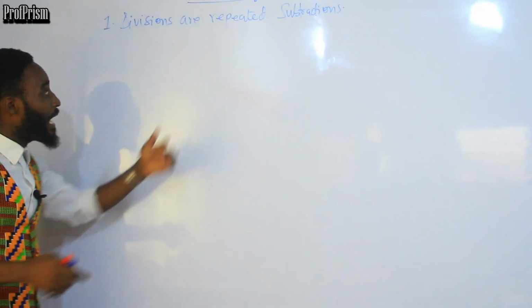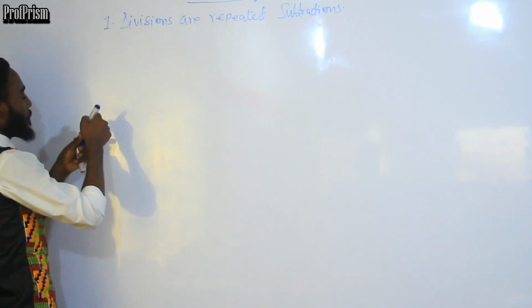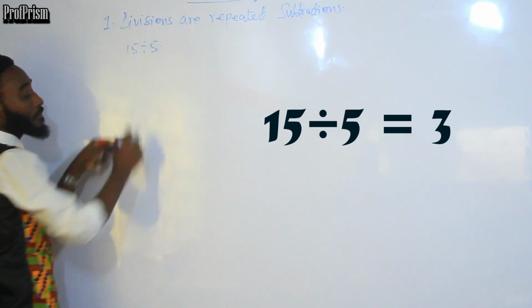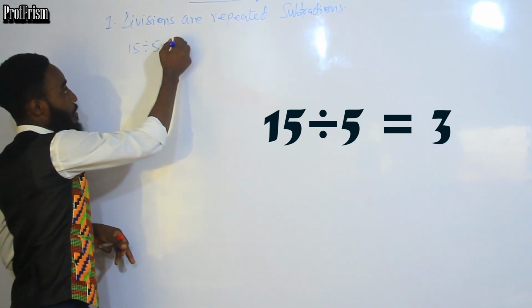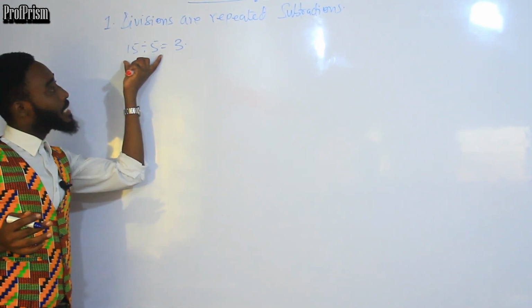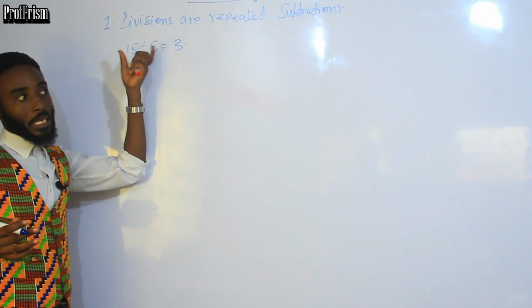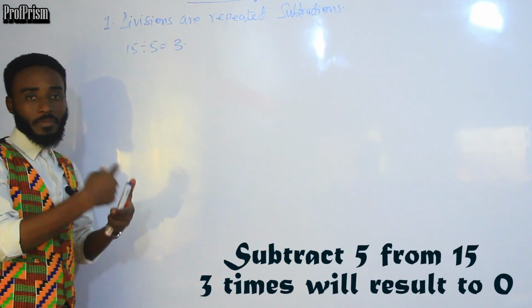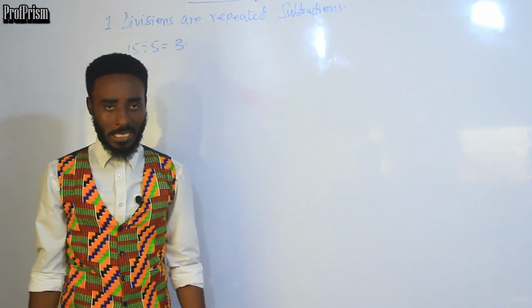Let's say I have 15 divided by 5. You know that this answer is 3 without thinking so much about it. But this same thing is asking you: if we subtract 5 from 15, how many times will you do it to get to 0? It's as simple as that.